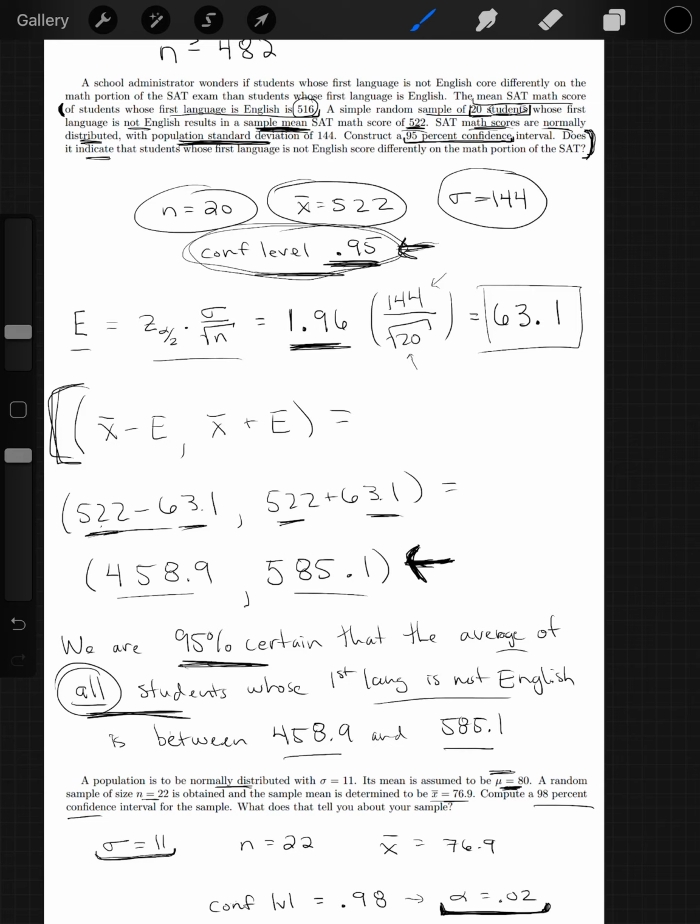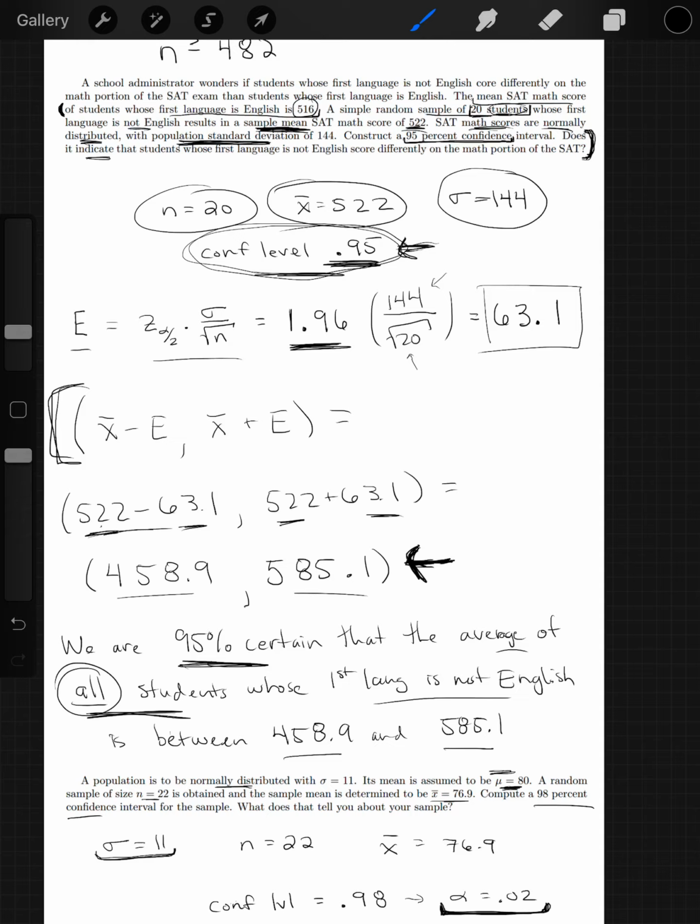Right? So that's what a confidence interval tells us. All of the questions that we might be asked just come from logically and grammatically from this statement right here, that we are 95% certain that the average of all students whose first language is not English is somewhere between 458.9 and 585.1.